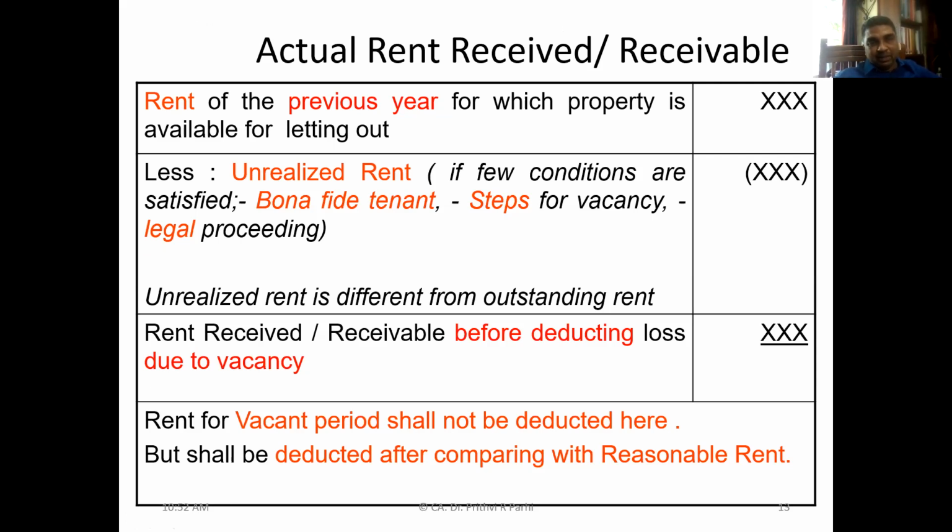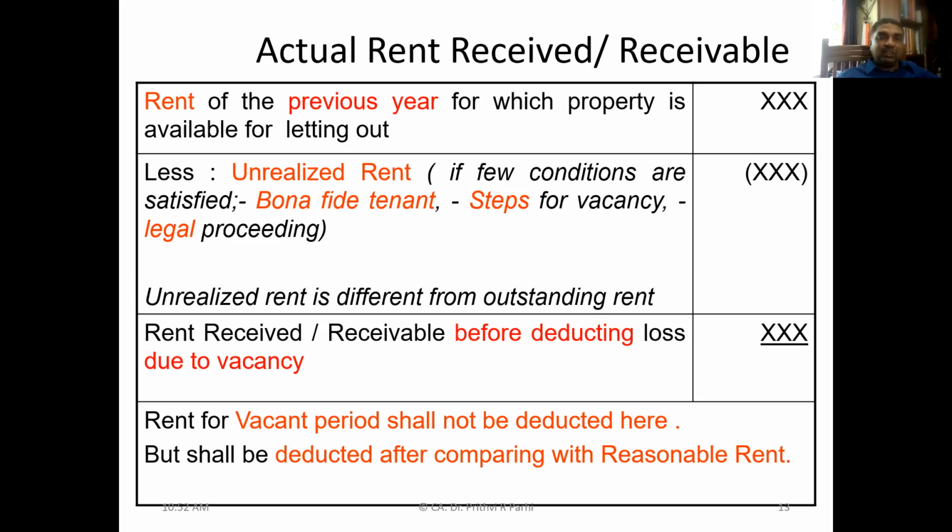Look at this table. It shows first the rent of the previous year for which the property is available for letting out. So take the annual rent. Therefrom, deduct unrealized rent. If some rent is unrealized, the deduction will be allowed subject to fulfillment of certain conditions.